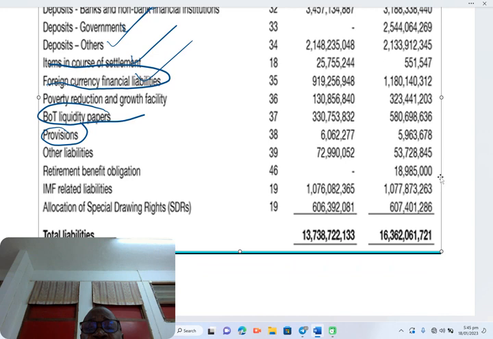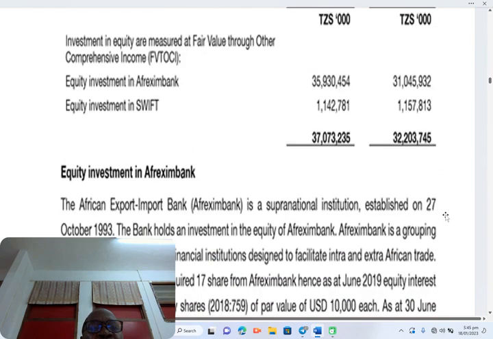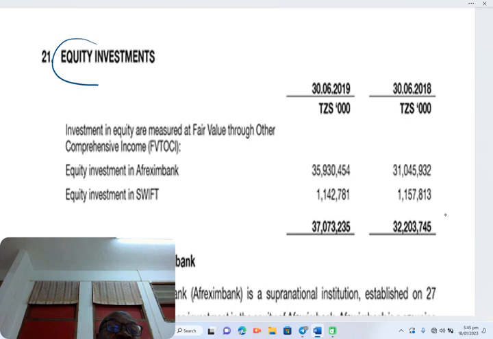Now let's see some key issues for our discussion. You see the component of equity instruments. Do you see equity instruments? I said equity instruments arise if an investor buys shares somewhere. Now, what is a component of equity instruments in the BOT statement? Number one, we have equity investment in Afreximbank.